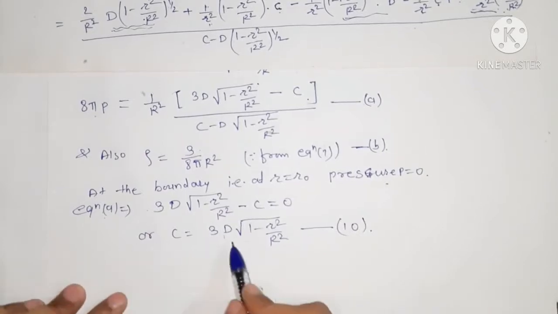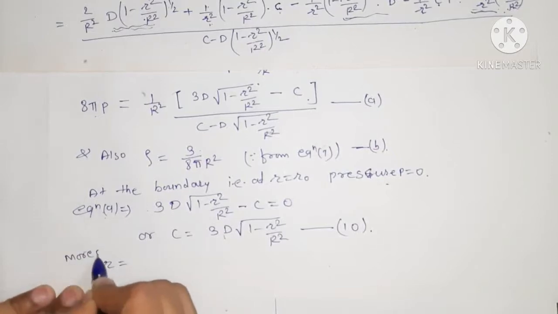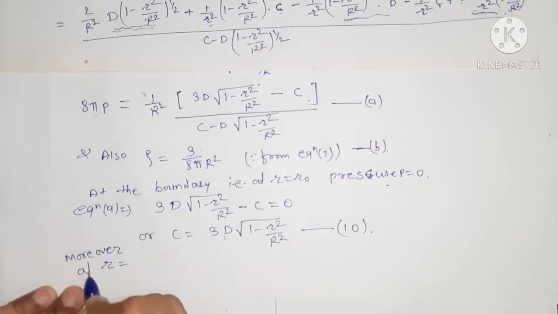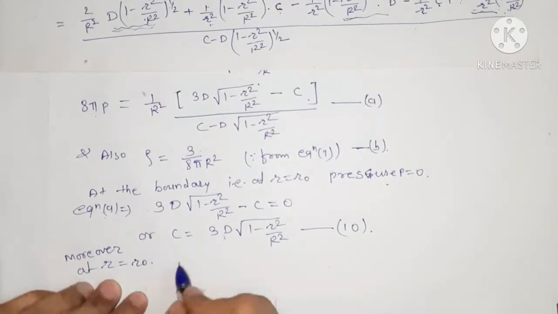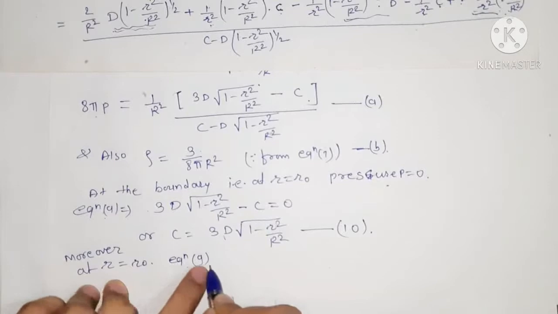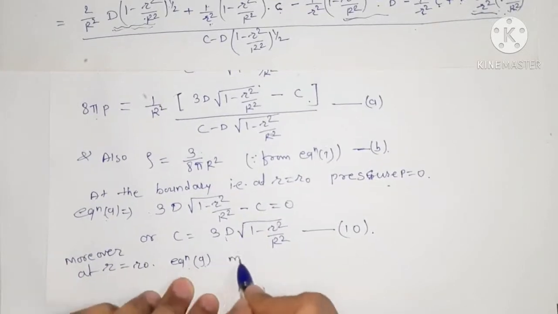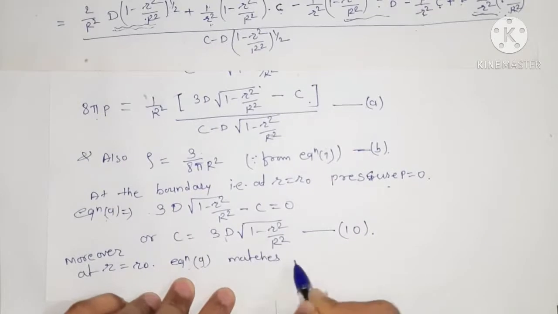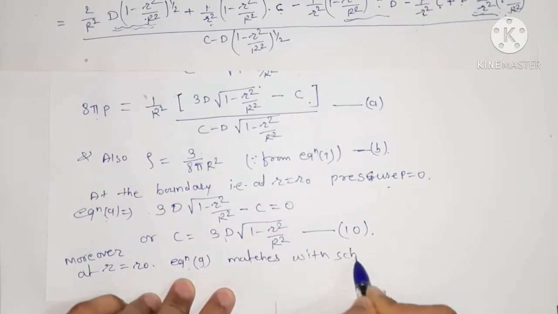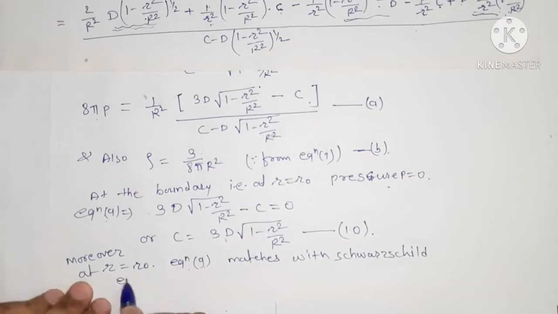Moreover, at r equals r0, the equation 9, that is the Schwarzschild interior solution, matches with the Schwarzschild exterior solution.